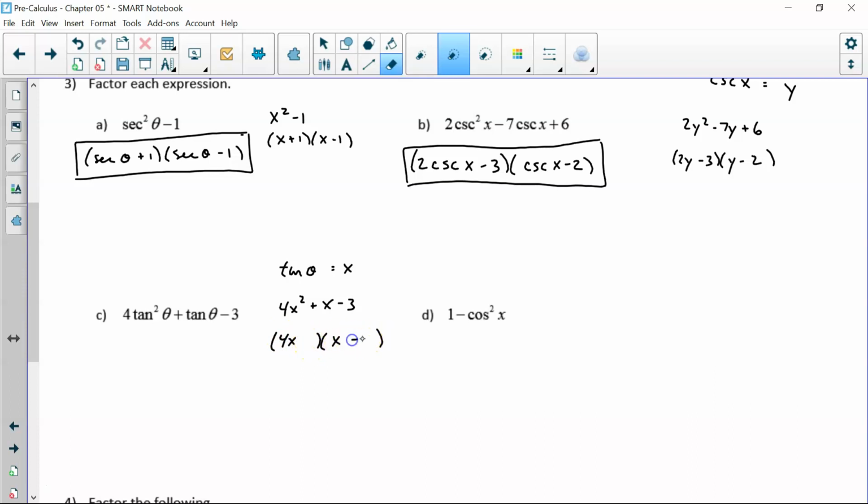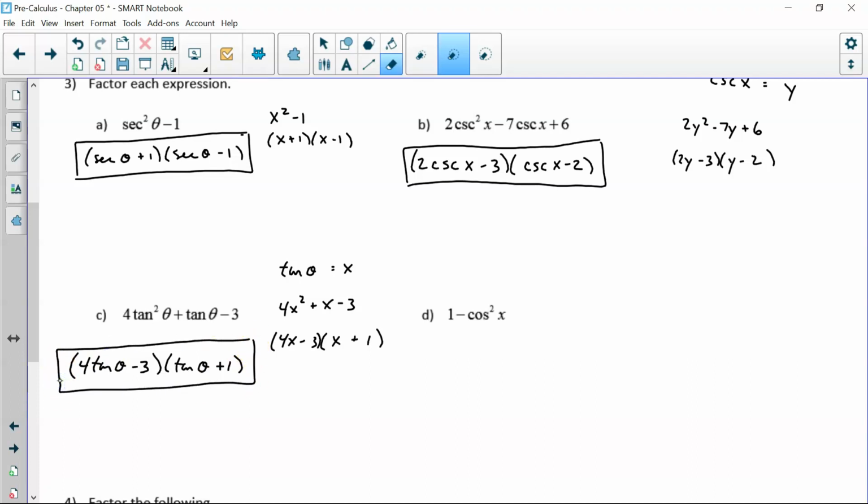It gives me a minus 1 and a plus 3. Actually, excuse me, that's a plus 1 and that's a minus 3. So now I replace x with tangent theta, so it gives me 4 tangent theta minus 3 and the tangent of theta plus 1. There's our factors.